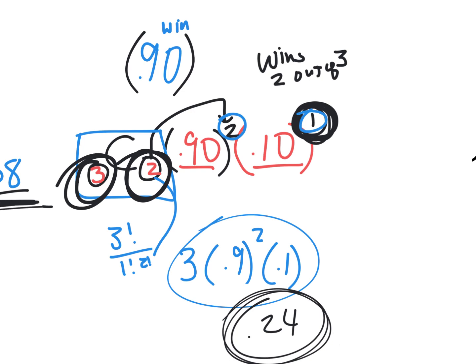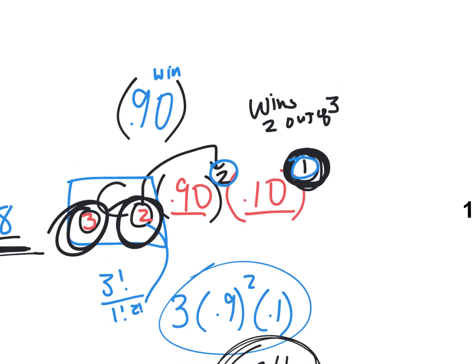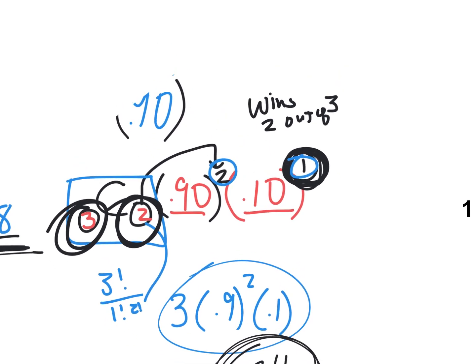You can shortcut that a lot and type it in really fast if you know what you're doing. 3 out of 3. So how did you know that it would go really fast? What made you realize that?